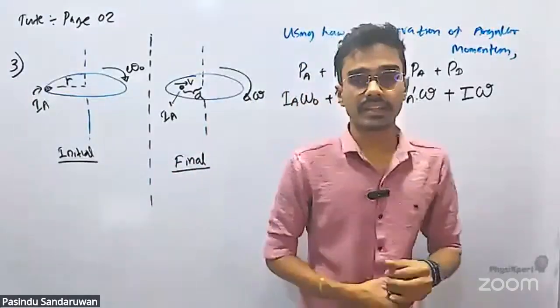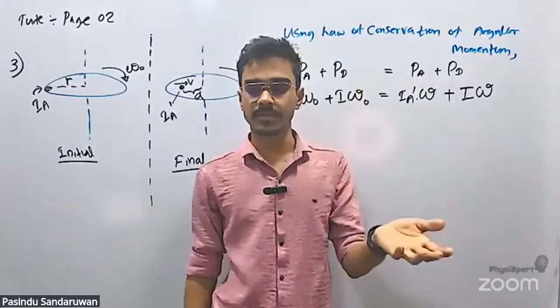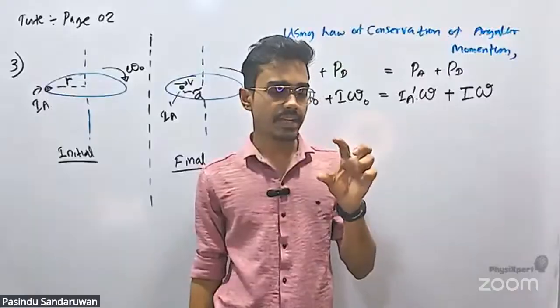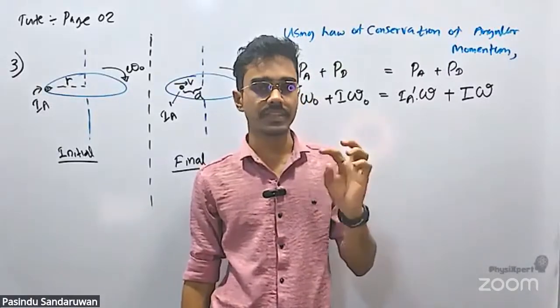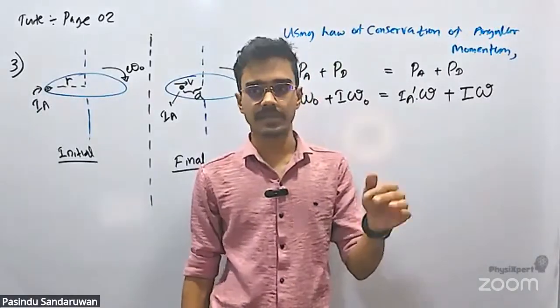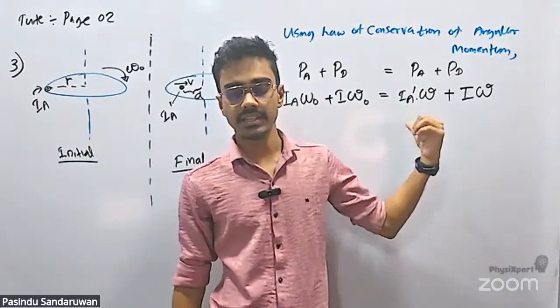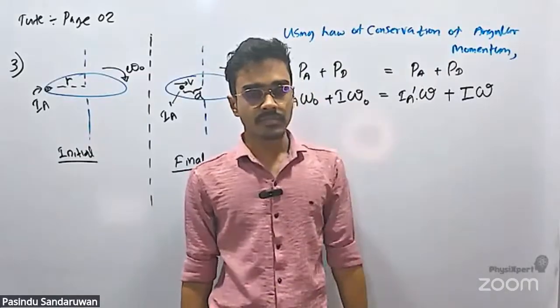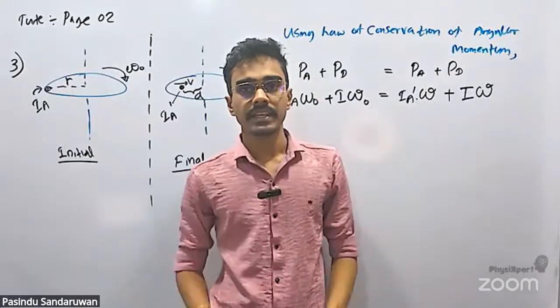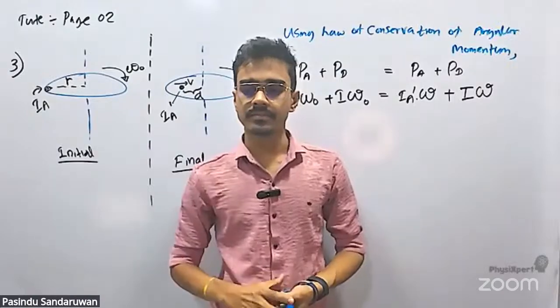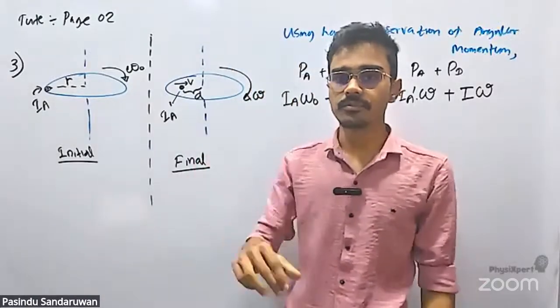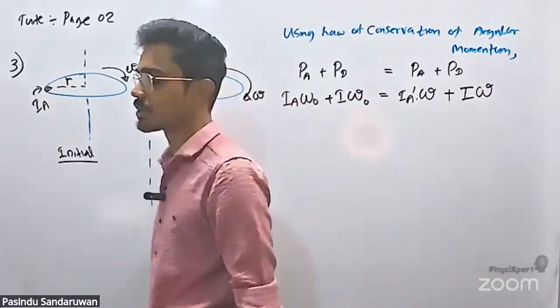Does the ant create a moment due to linear momentum? Because if there's a moment of linear momentum, which means there is an angular momentum, then it should be factored here. What do you say? Is there a moment of linear momentum due to this, MV?